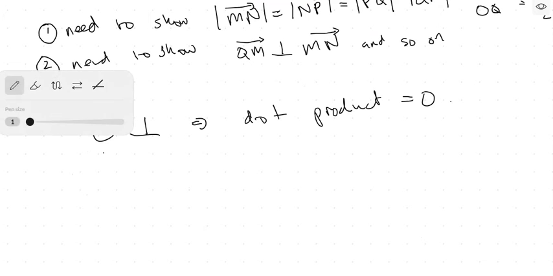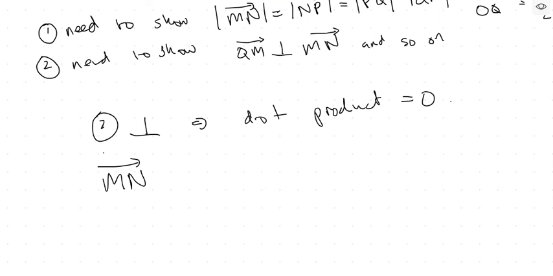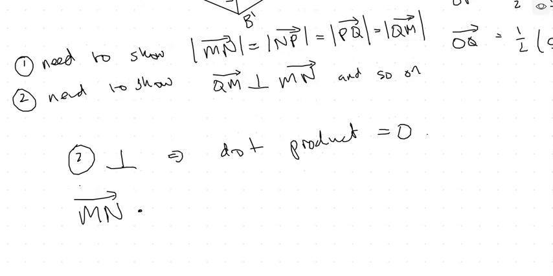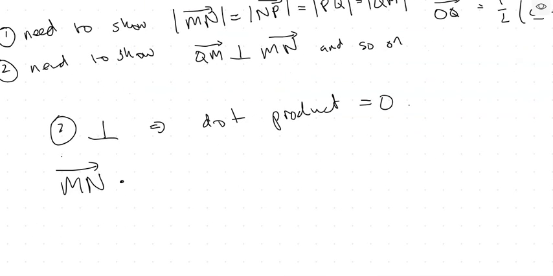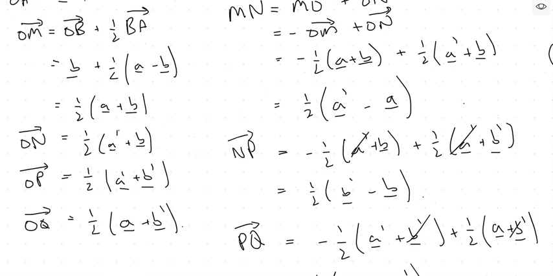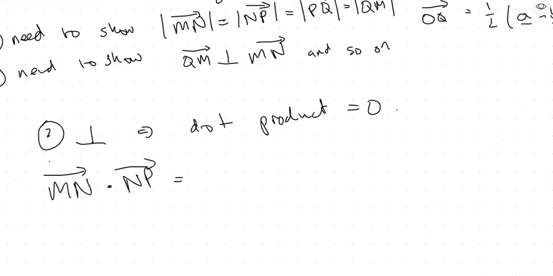So let's look at MN dotted with NP. MN was half A dash minus A, and we have a half.